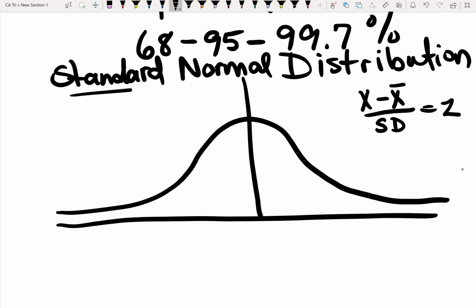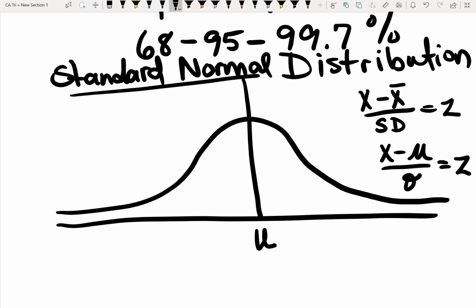So this refers back to the standard normal distribution. Smack in the center is what we call mu. Mu is another way we refer to the mean. So you might see this as a notation. This is the same thing conceptually. Just remember the standard deviation is different for a population versus a sample.